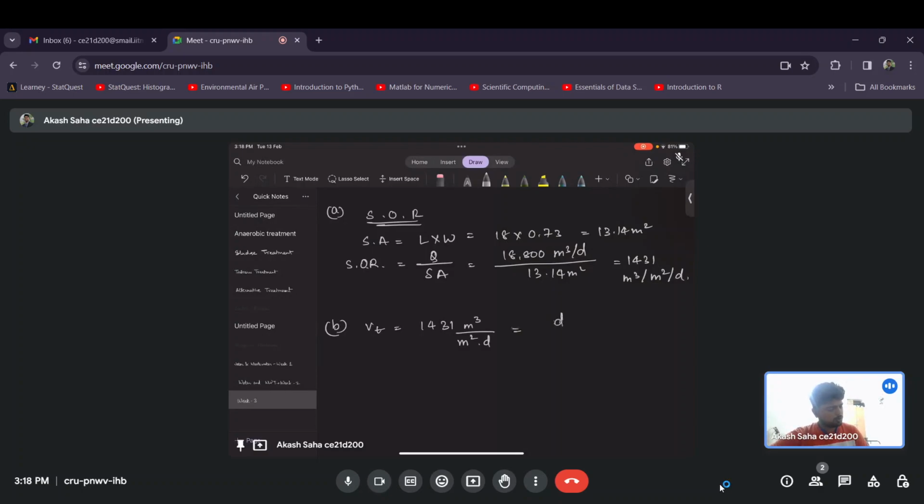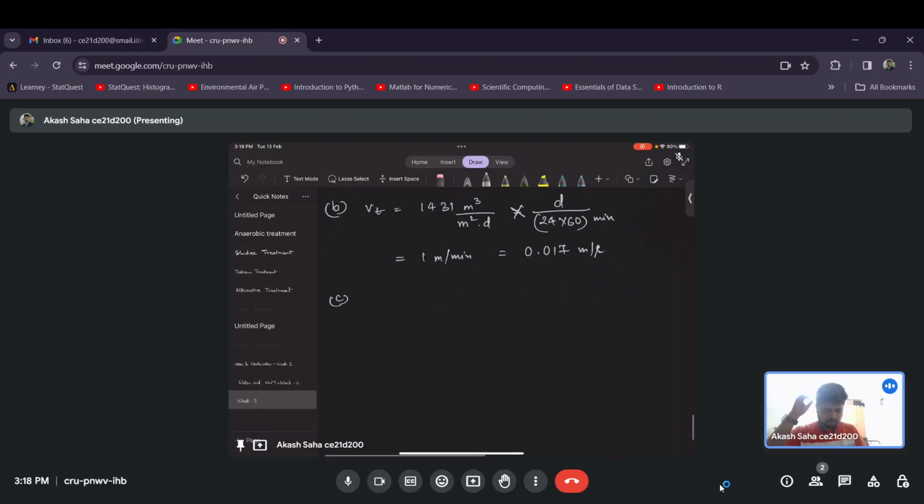So per day will be equal to 24 into 60 minutes. So it will be equal to 1 meter per minute, or I can write it as 0.017 meter per second. So my surface overflow rate will be equal to my settling velocity. So I just change the units of this to find out the answer.